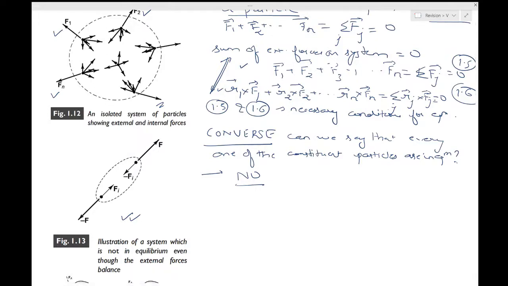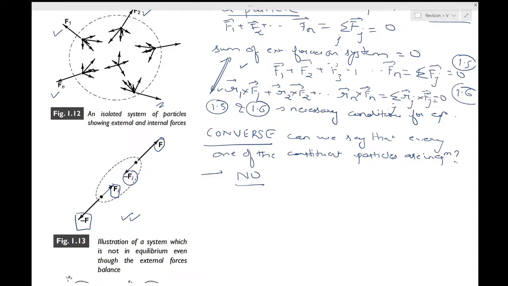You have a system of two particles, and the internal forces between them are F_i and minus F_i. The system is in equilibrium, but the particles will be in equilibrium only when F is equal to minus F_i. So the converse problem is not necessarily true. That is something which we have seen.